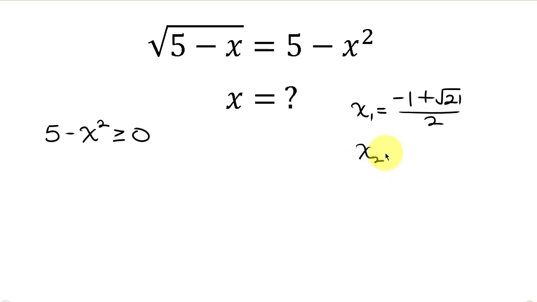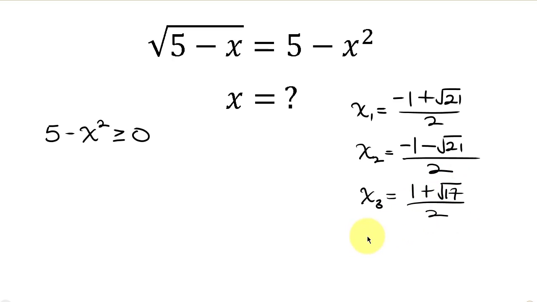We've got the second value of x to be negative 1 minus the square root of 21 all over 2. You can see that I separated the plus and minus. Then our third value of x is 1 plus the square root of 17 all over 2. Then our fourth value of x is 1 now minus the square root of 17 all over 2.